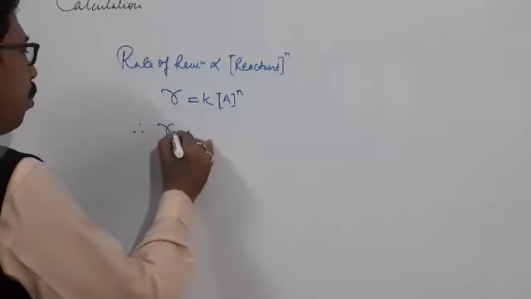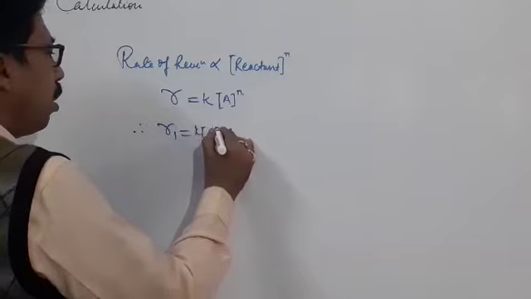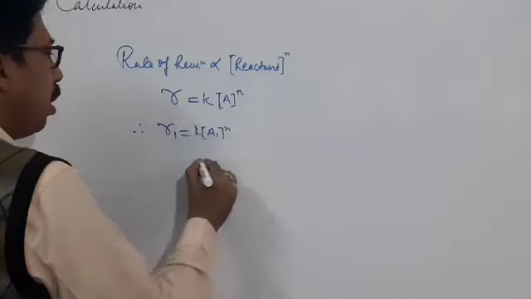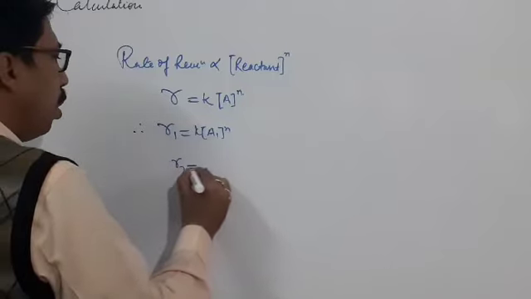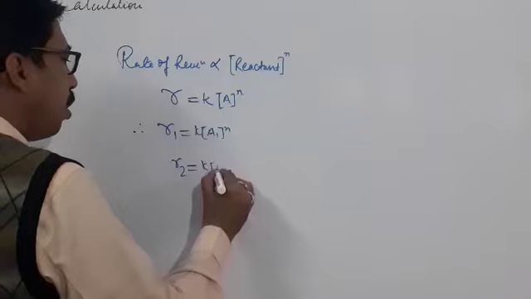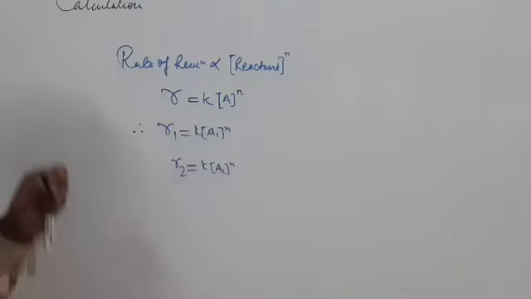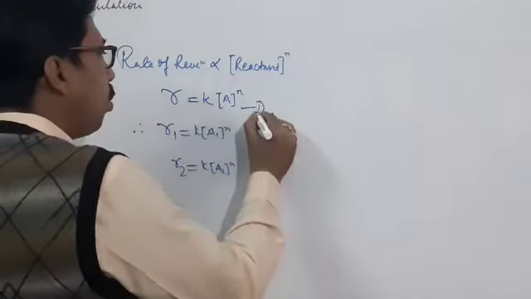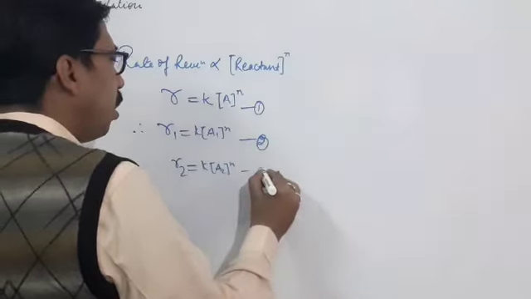then we have R1 equal to K times concentration A1 to the power n, and R2 equal to K times concentration A2 to the power n. This is the first equation, this is second and third.